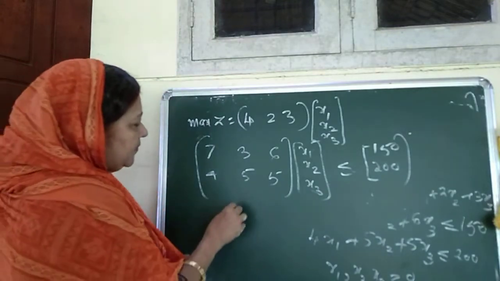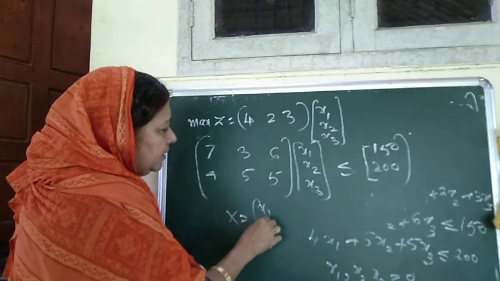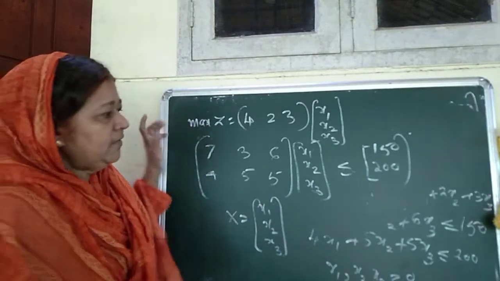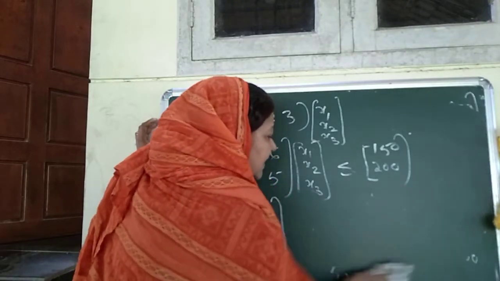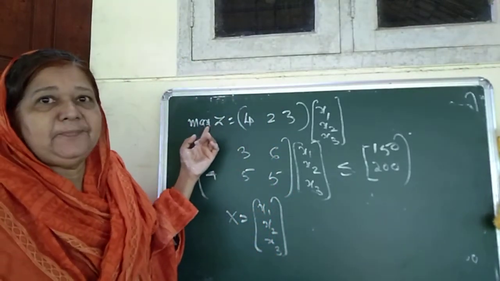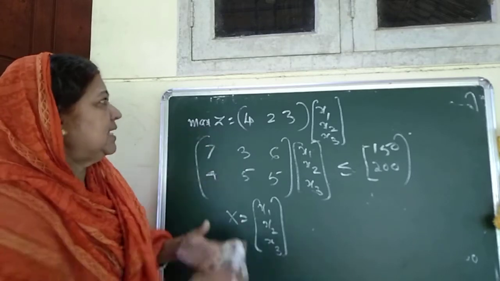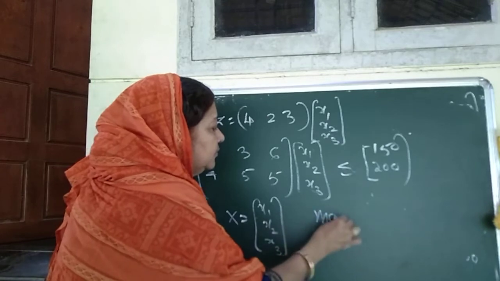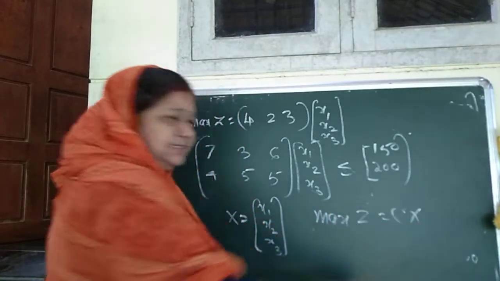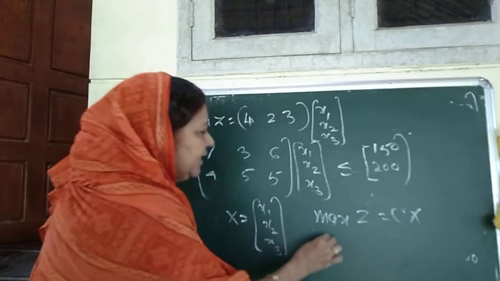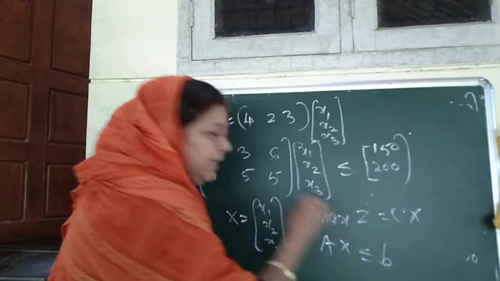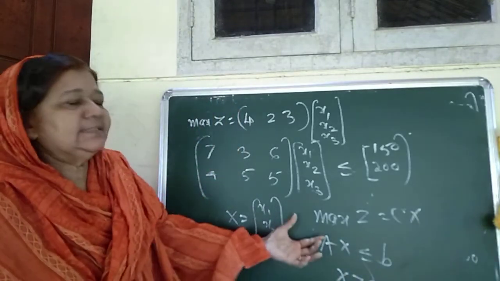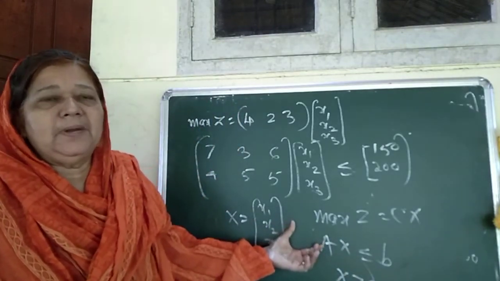If we take capital X equal to (x1, x2, x3), this problem becomes the standard LPP. The standard linear programming problem is: maximize z equal to CX subject to AX less than or equal to B and X greater than or equal to 0.